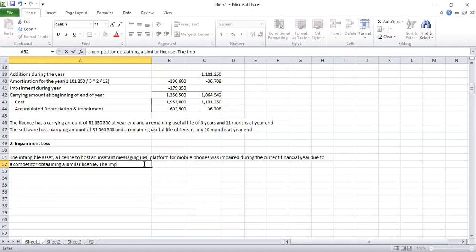The impairment loss amounted to 179,350.